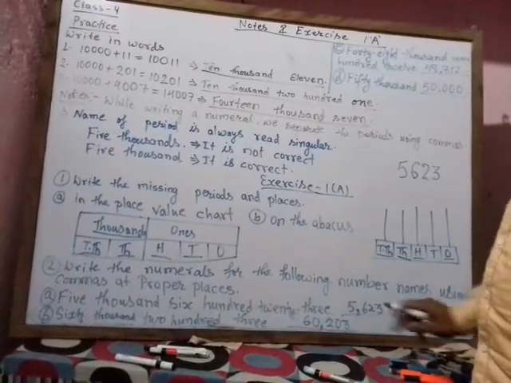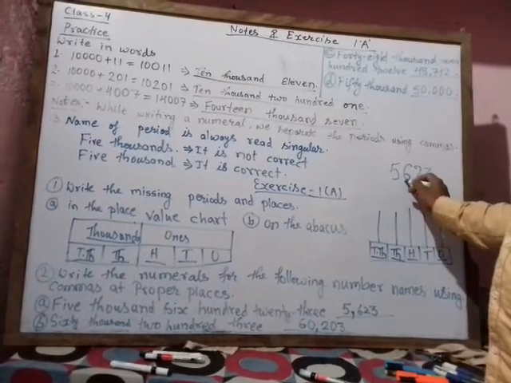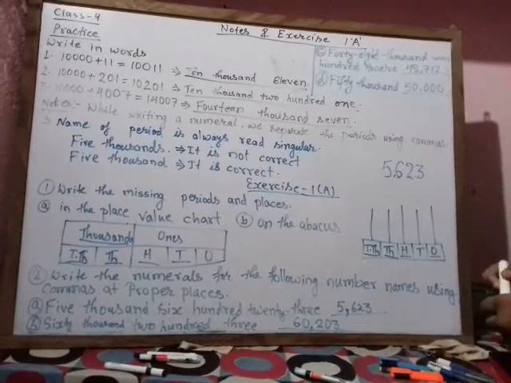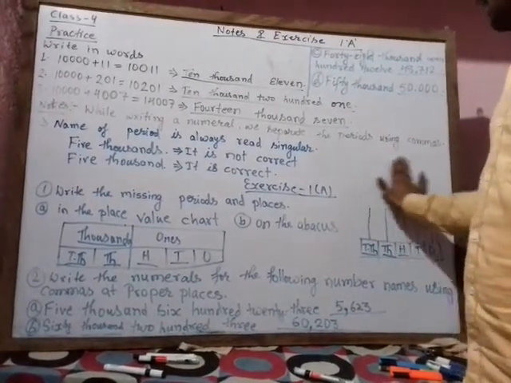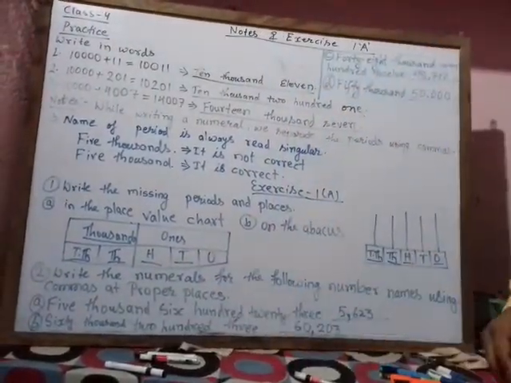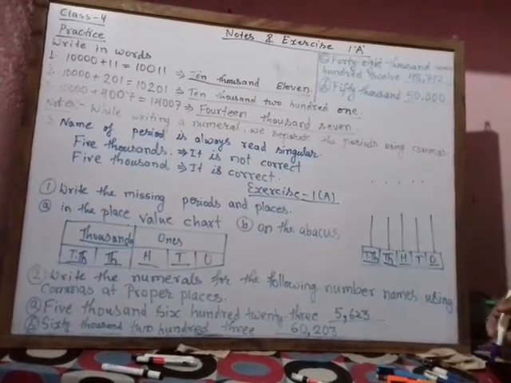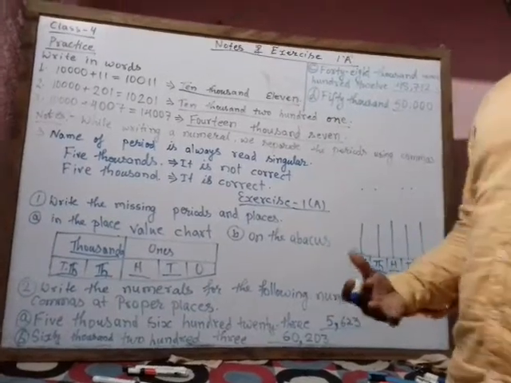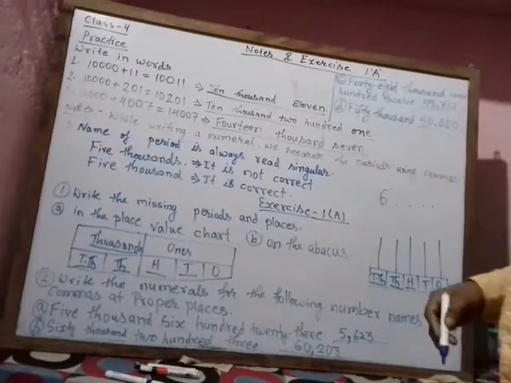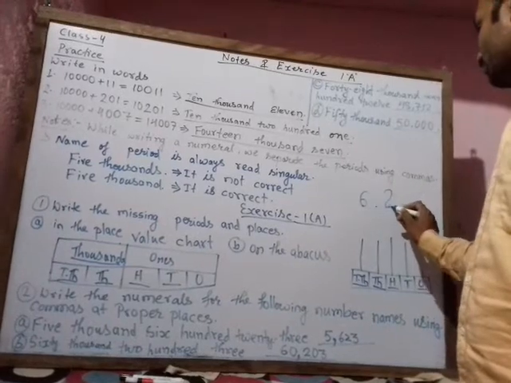So I have written 5623, and these three numbers are ones. Ones, tens, 100 is the period of ones. So after this we will keep a comma. I have kept a comma after 5. After that you can see 60,203. Again we count ones, tens, 100, 1000, 10,000. Because there is 60,000, 60 is in the tens place of 1000. So in the tens place of 1000 we keep 6, so it becomes 60. Now 203: ones, tens, 100, in the place of 100 there will come 2.